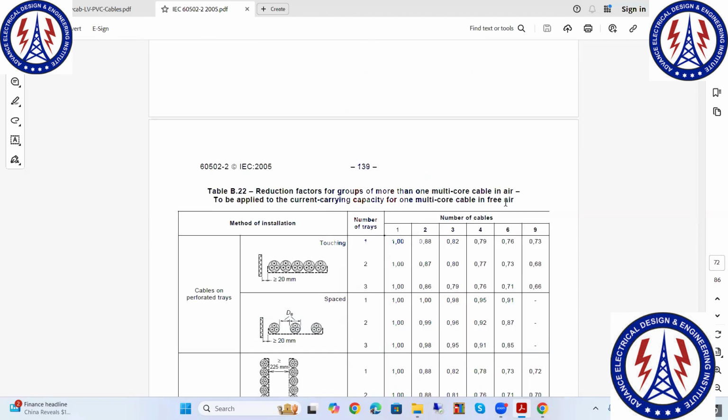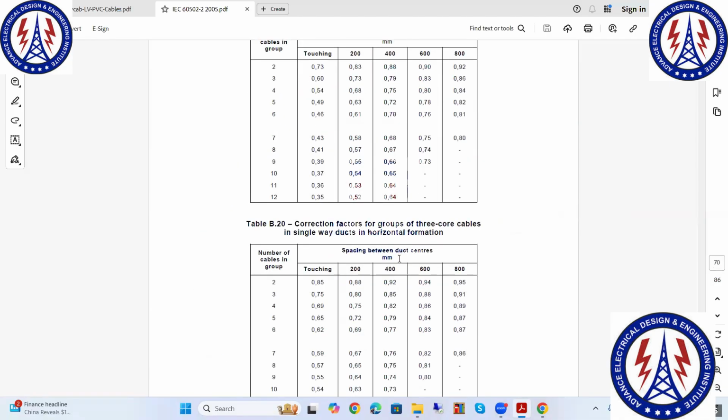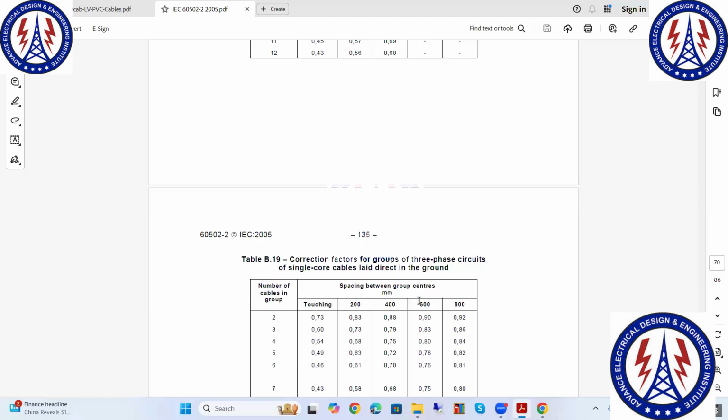But for the duct also, the vendor will provide. In the IC, it is there. This is for the 3-core cable. And this one is for the single core cable.